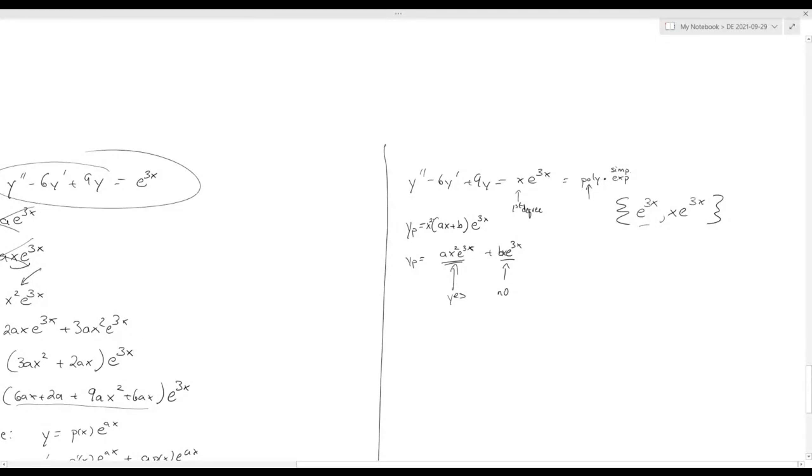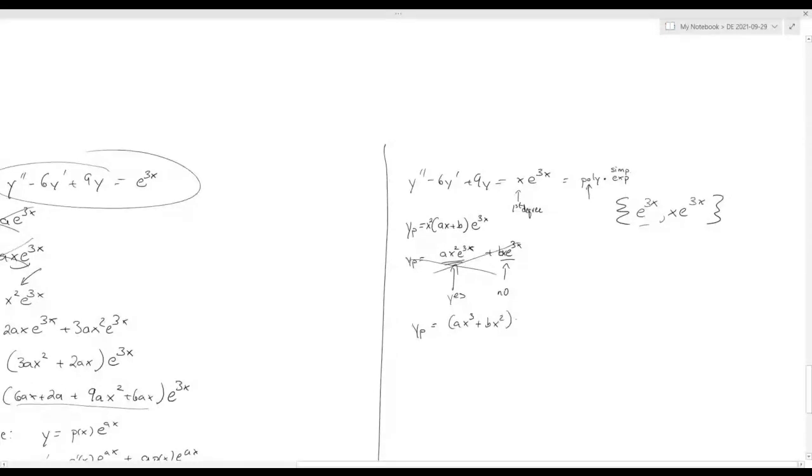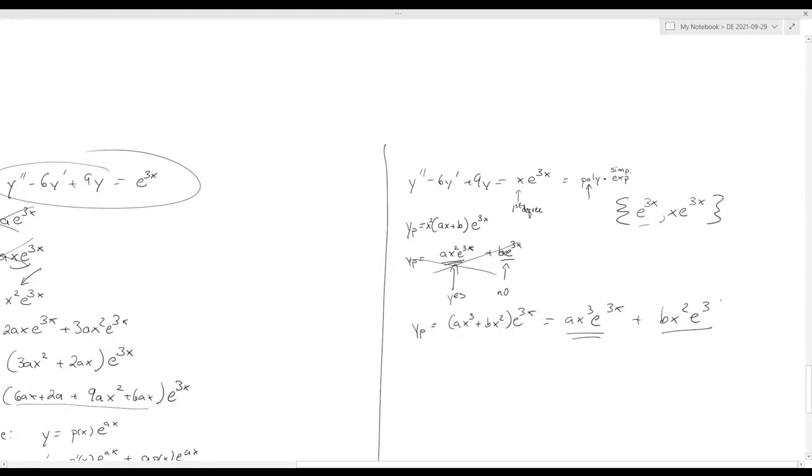So now this becomes ax cubed plus bx squared times e to the 3x. And now we see that both terms in the particular solution cannot be combined. They're linearly independent from everything in the fundamental solution set. So that's our final assumption about the particular form.